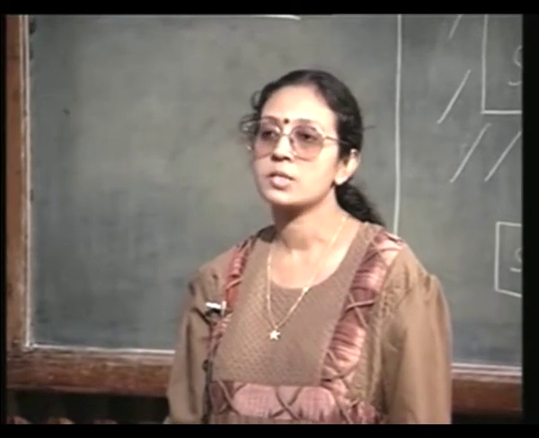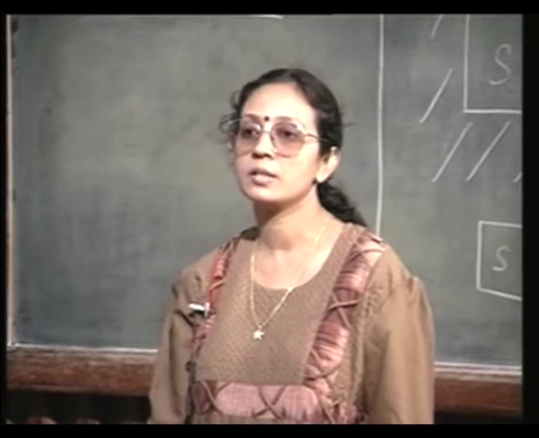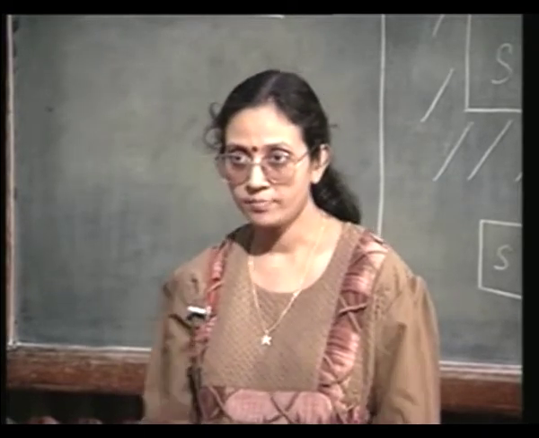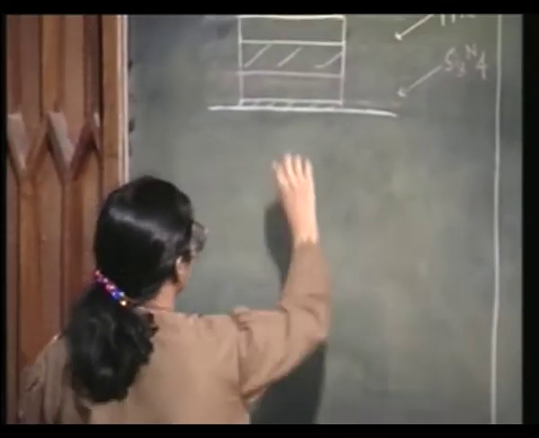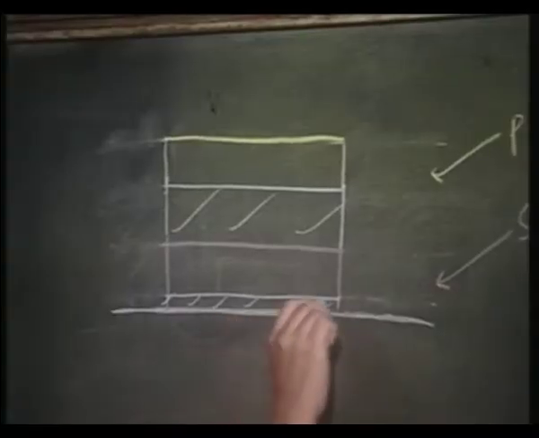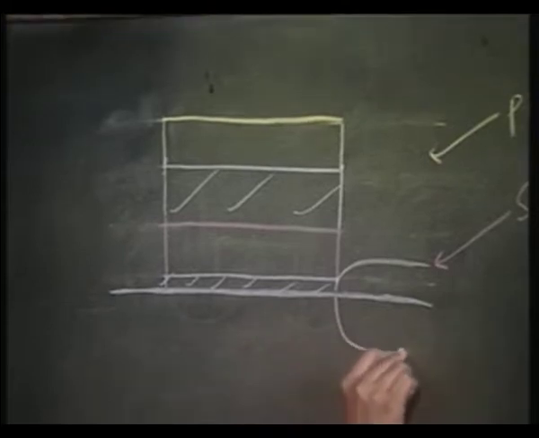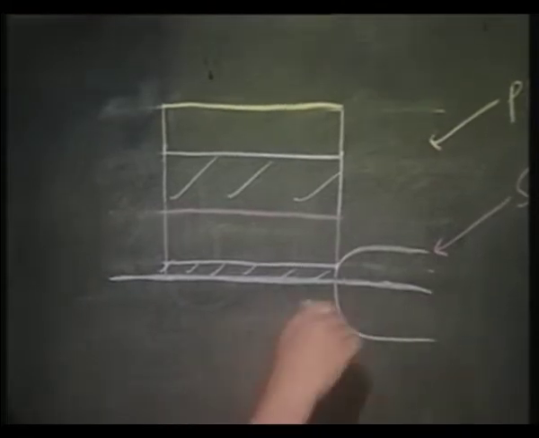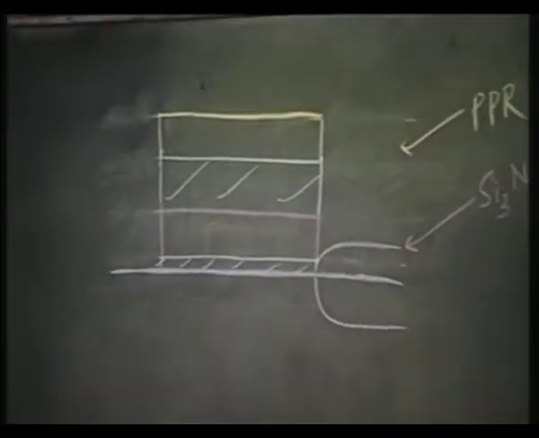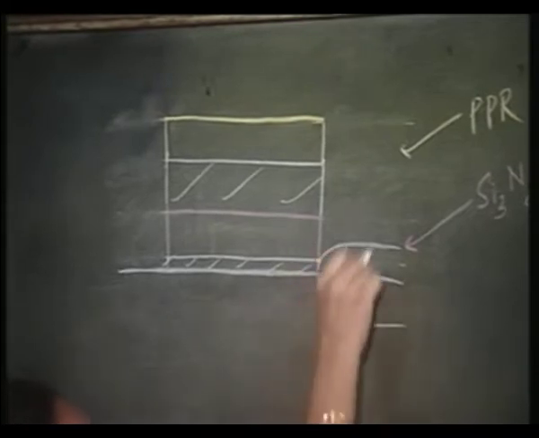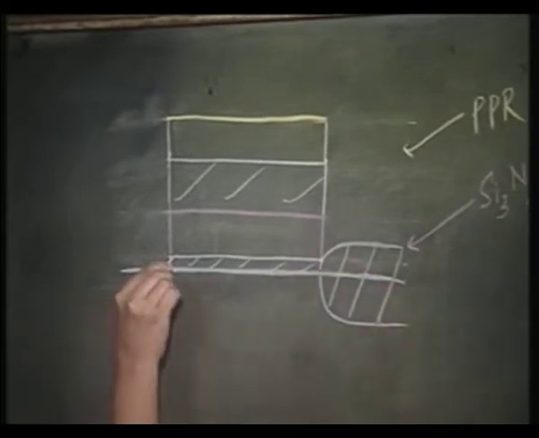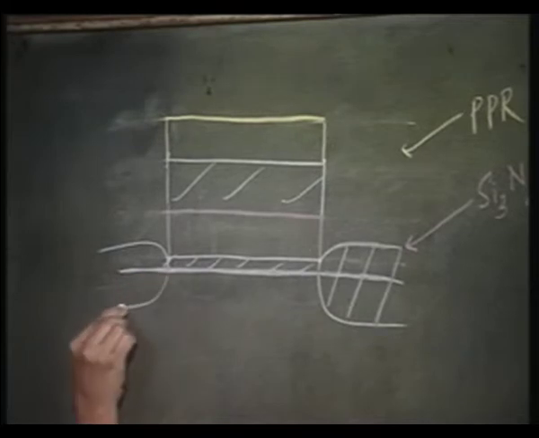Okay. You know oxidation cannot progress underneath silicon nitride. So, there will be no oxidation here, but oxidation will take place here. And when oxidation is taking place here, you know approximately half of it will grow above the surface and half of it will grow below the surface. So, we will have something like this.